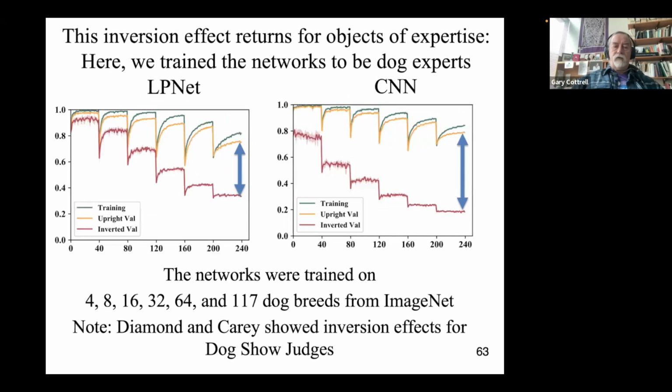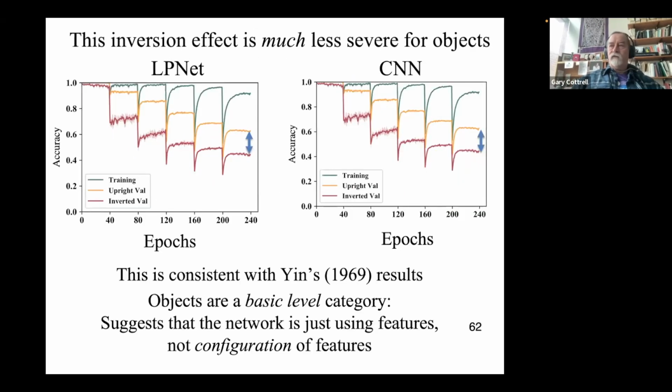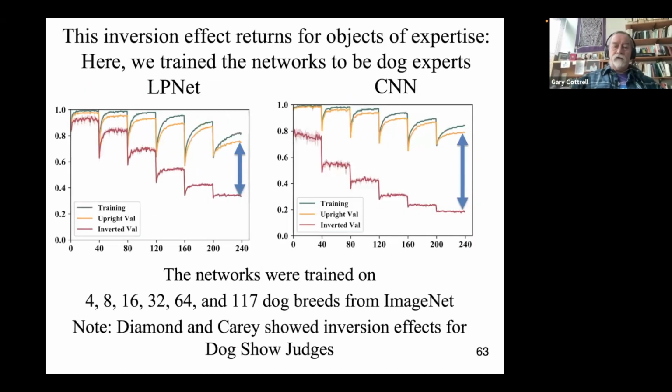But so what about Diamond and Carey? Diamond and Carey showed the same effect with dog show judges. So we used the 117 different dog breeds in ImageNet. ImageNet is a very strange data set. Any network trained on ImageNet becomes a dog expert because there are 117 different dog breeds that comprise about 12% of the categories in ImageNet out of the 1,000.